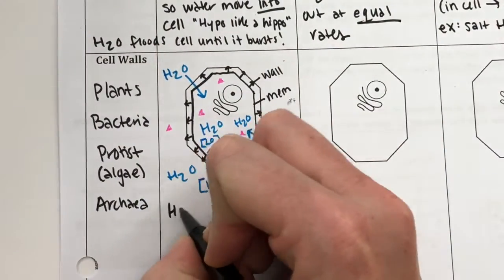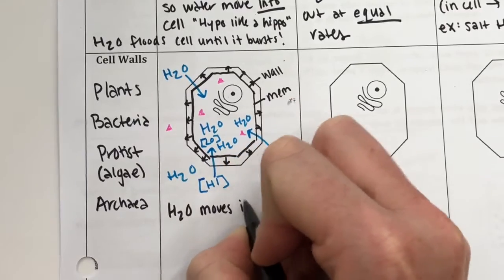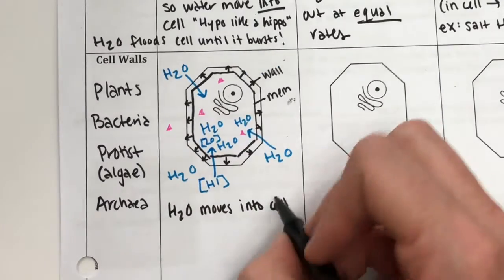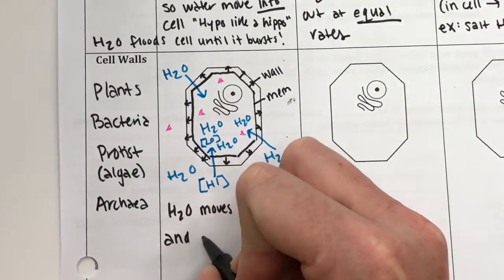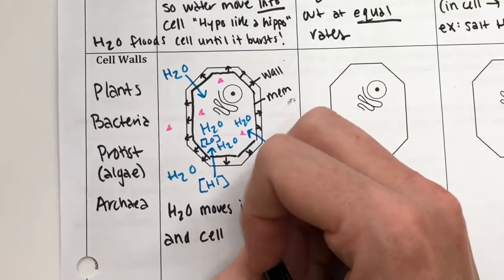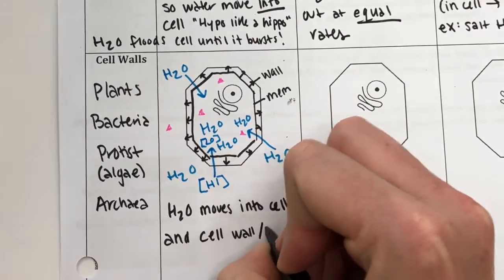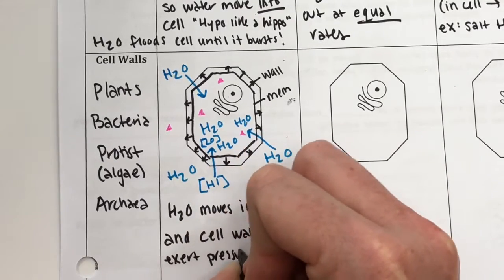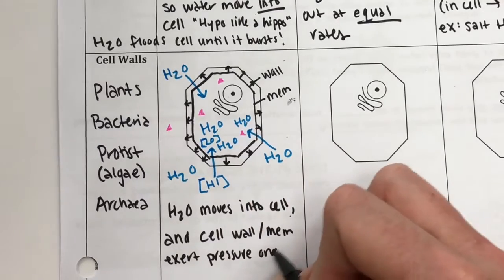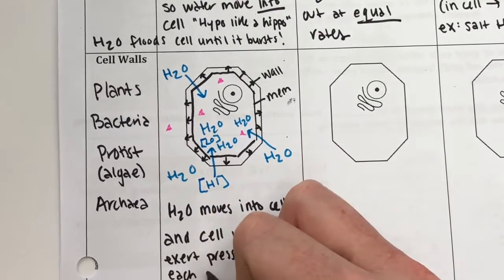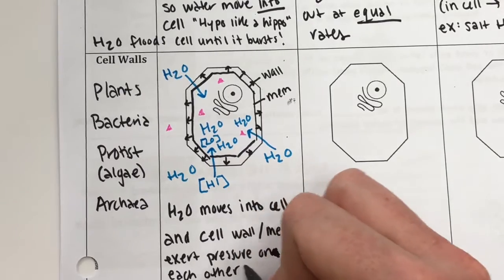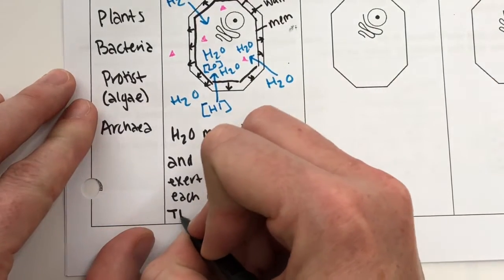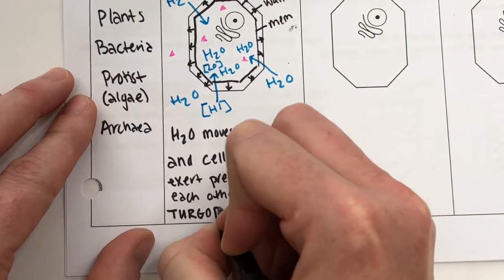And so we have water moving into the cell here from high to low again, okay? And the cell wall and membrane exert pressure on each other. And again, just like I just said, this is called turgor pressure. Just try to say that out loud.